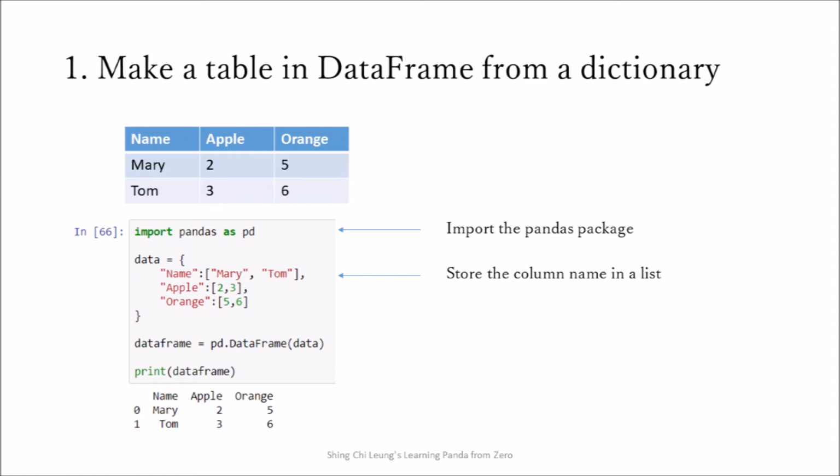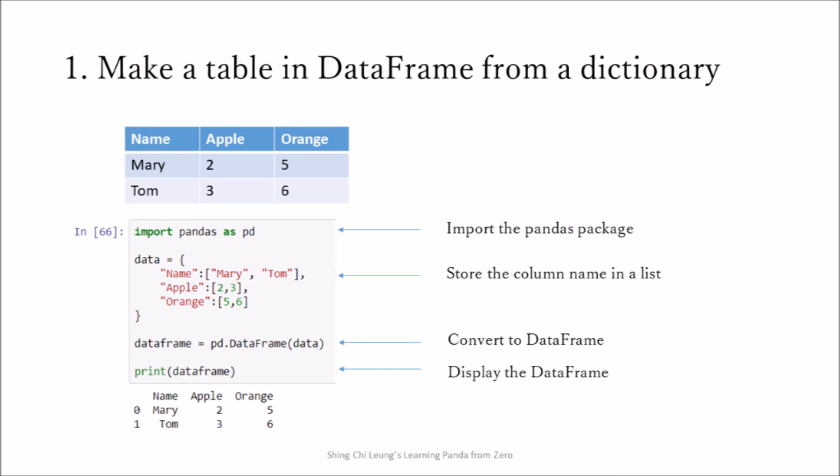Then let us look at how the code can be done. We import Pandas, assuming this is the first time you use the package in the Jupyter Notebook. Then we build a dictionary which contains the table data column by column. Of course, in general, for a very large table, this approach is inefficient. But for demonstration purpose, let's input the data accordingly.